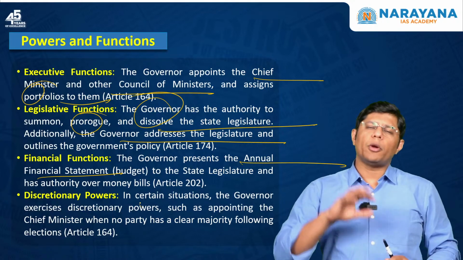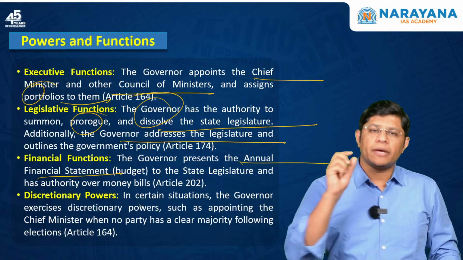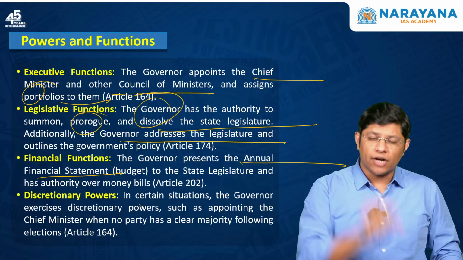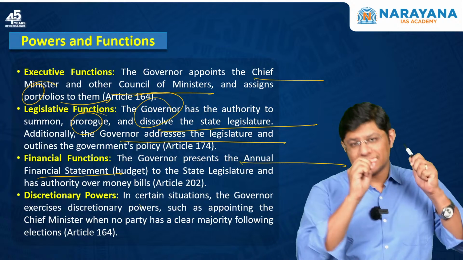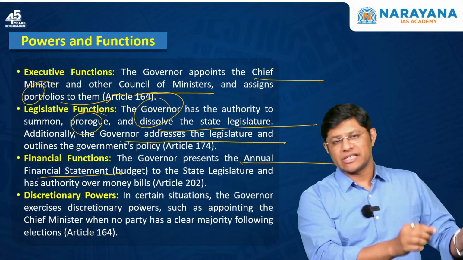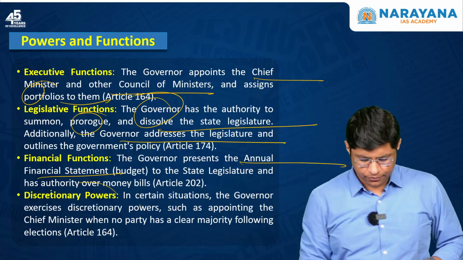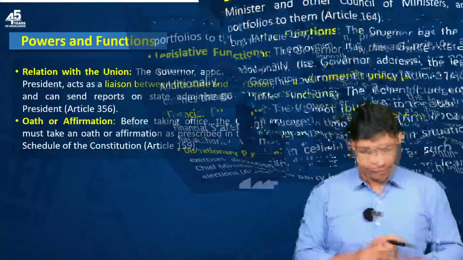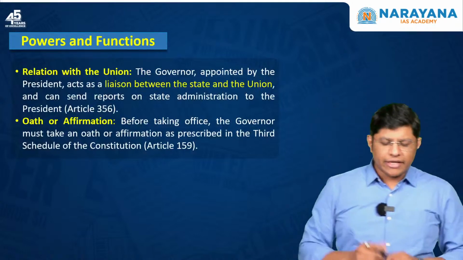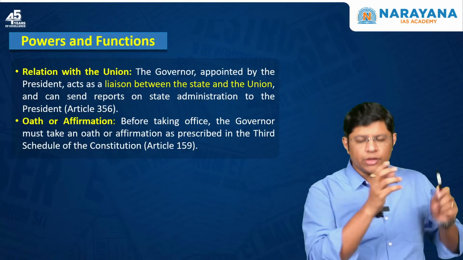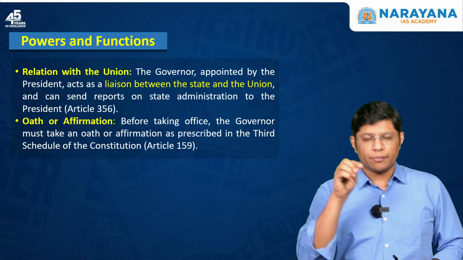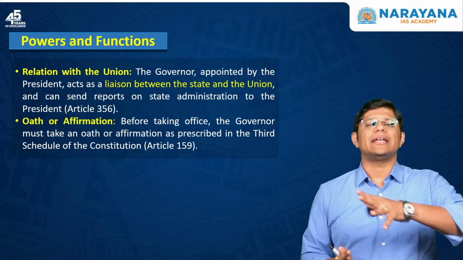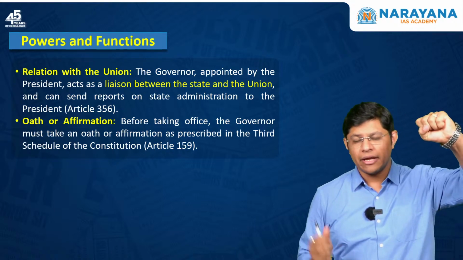Now, when no political party has got the majority, the governor uses his or her discretionary power to appoint a person as chief minister in a state. So this is the discretionary power of the governor. When it comes to the relation with the Union, the governor, who is appointed by the president, acts as a link between the central government and the state government.